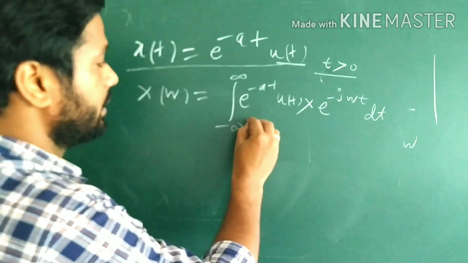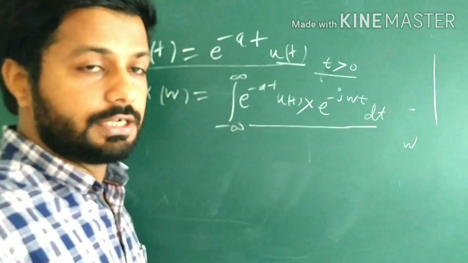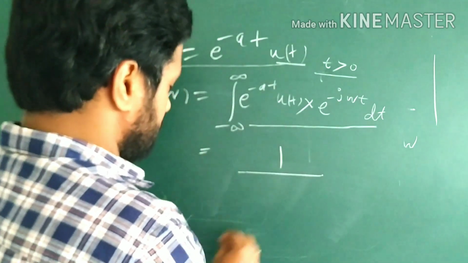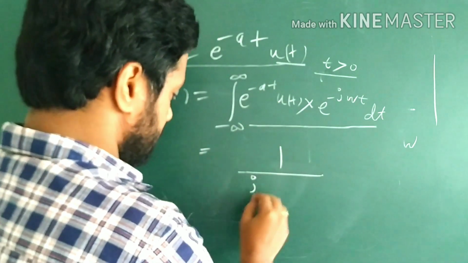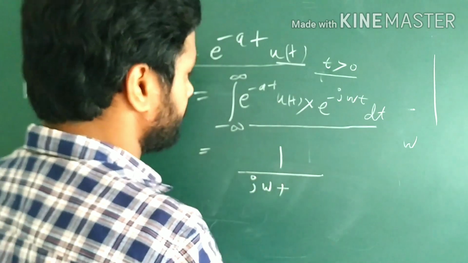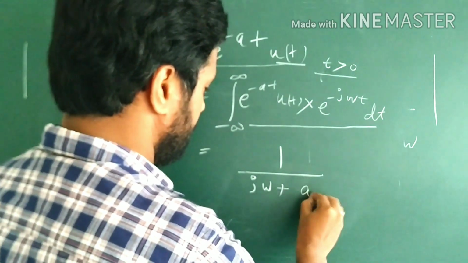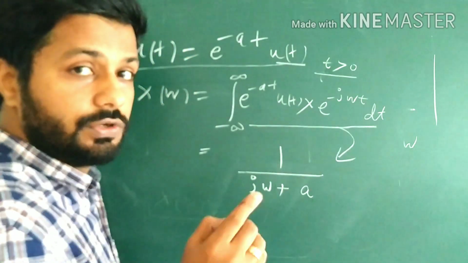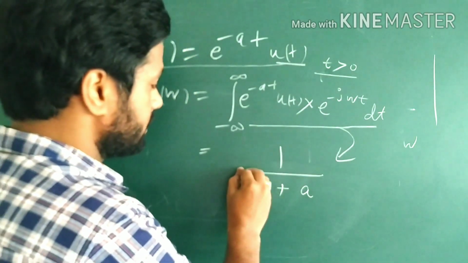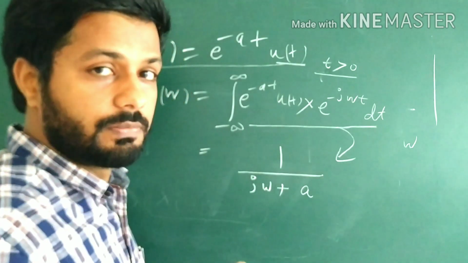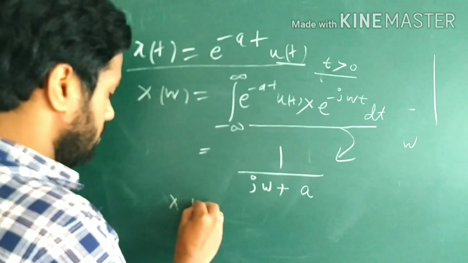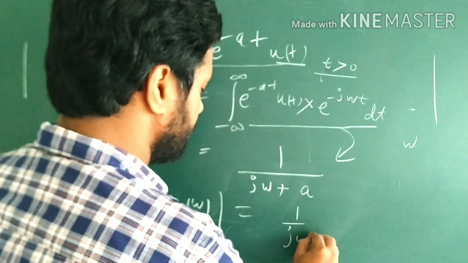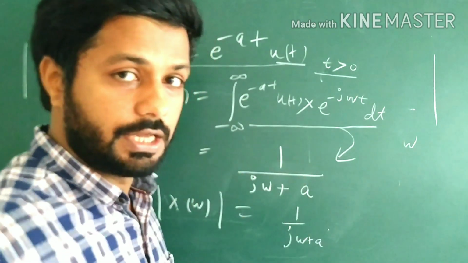You can solve this integration and you get the value 1 by j omega plus a. So the Fourier transform of that signal is 1 by j omega plus a.